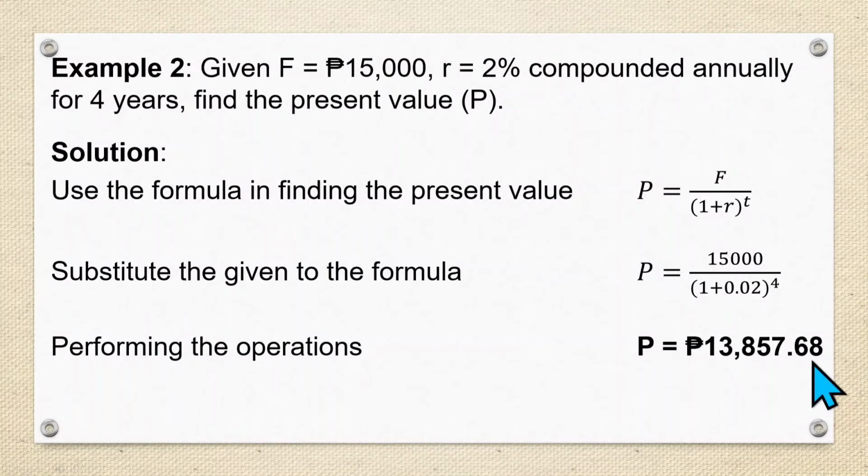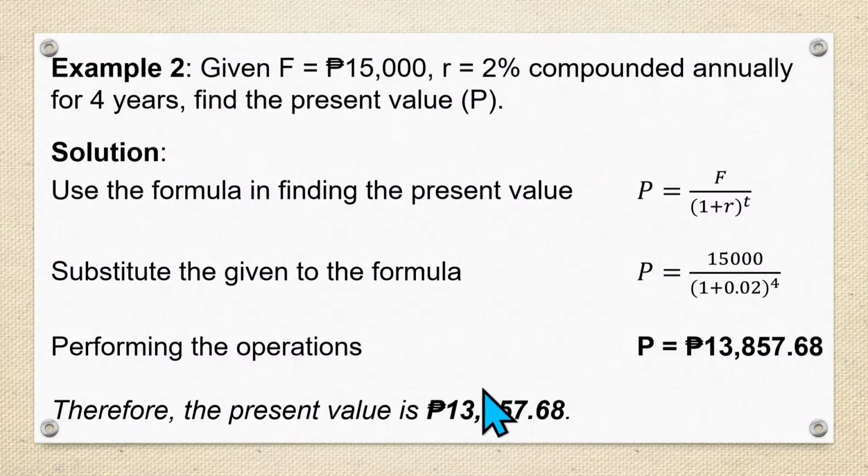13,857.68. So you're going to round the answer to two decimal places. Okay? So again, 15,000 divided by the product of 1.02 raised to 4 will be 13,857.68.